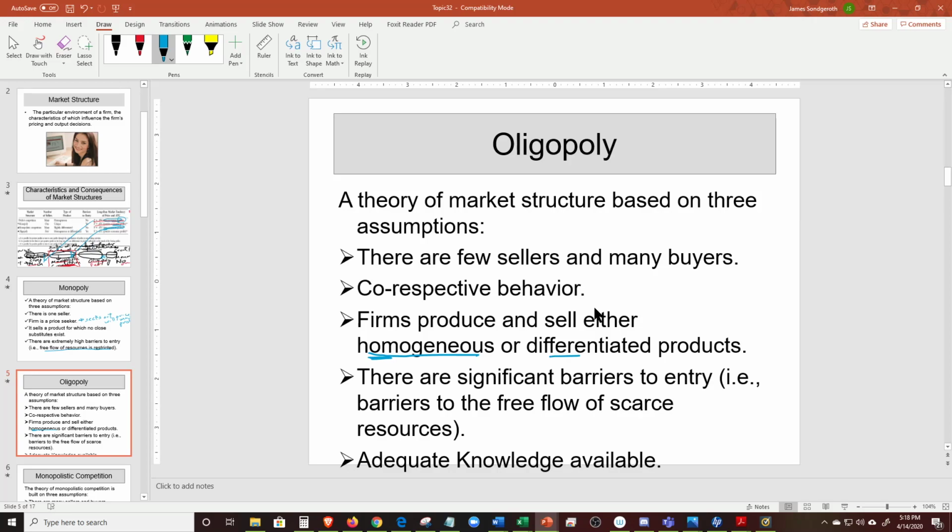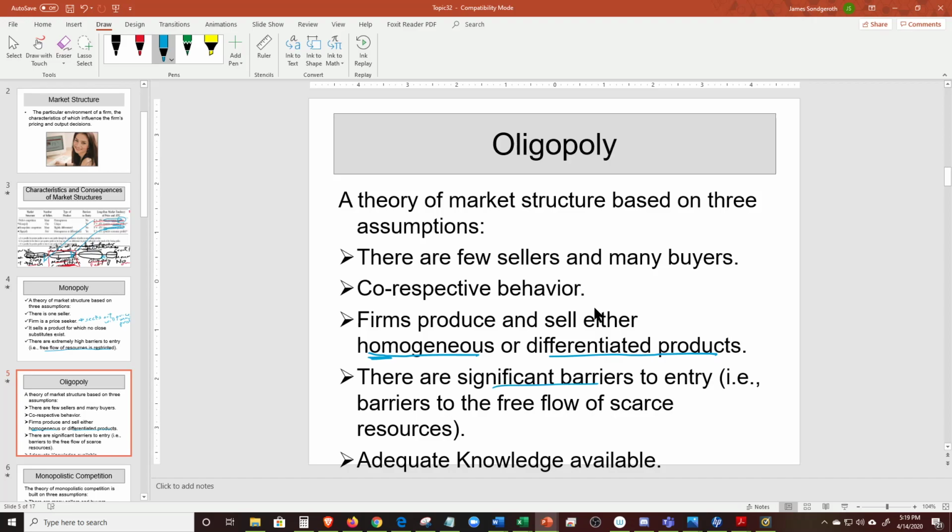But if the product is being sold to consumers, like breakfast cereal or cigarettes or even gasoline, the firms will try to differentiate their product, even though they're quite the same underneath their apparent differences.